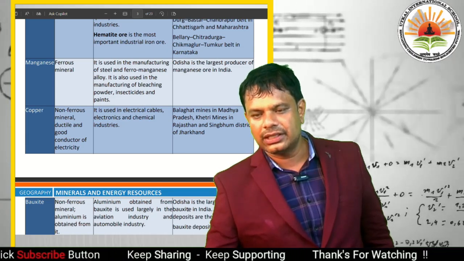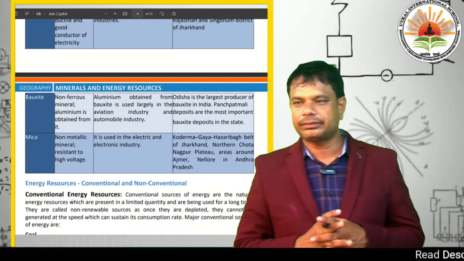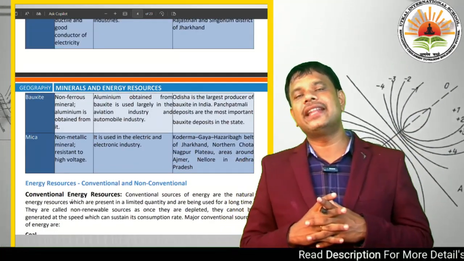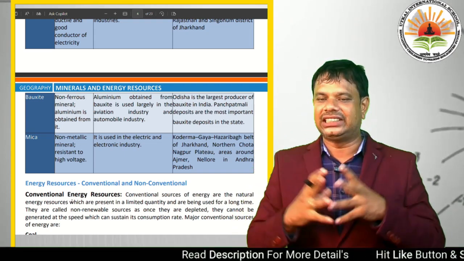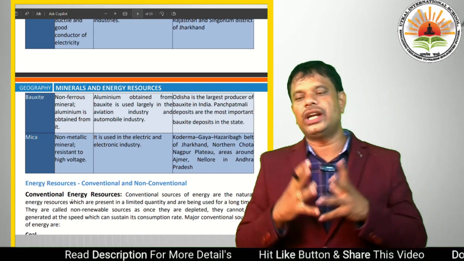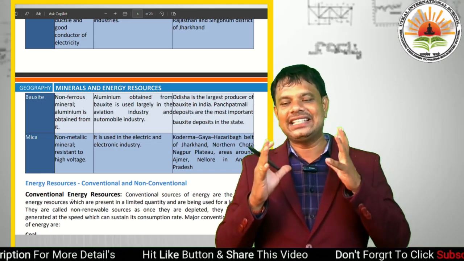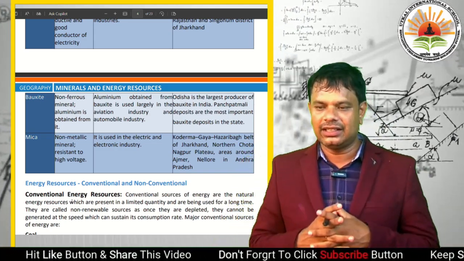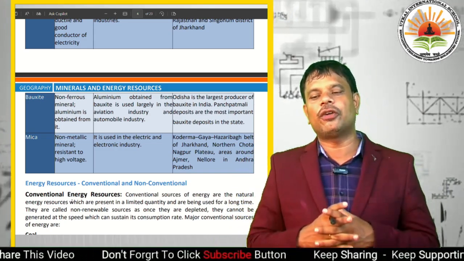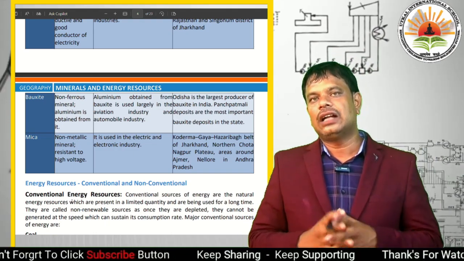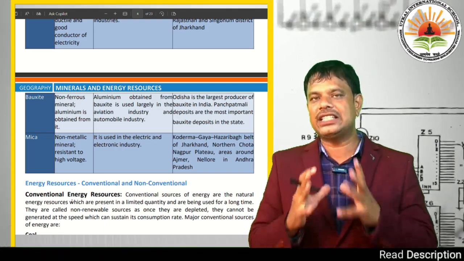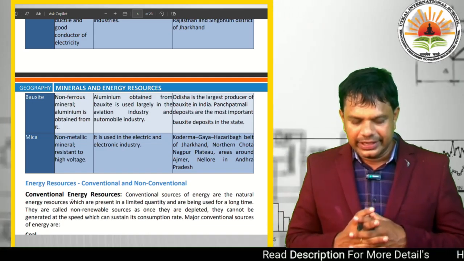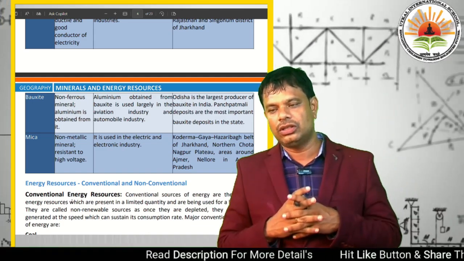And dear students, another important mineral is bauxite. Dear students, bauxite is a non-ferrous mineral and aluminium is obtained from it. The main ore of aluminium is bauxite. Dear students, where is it used?